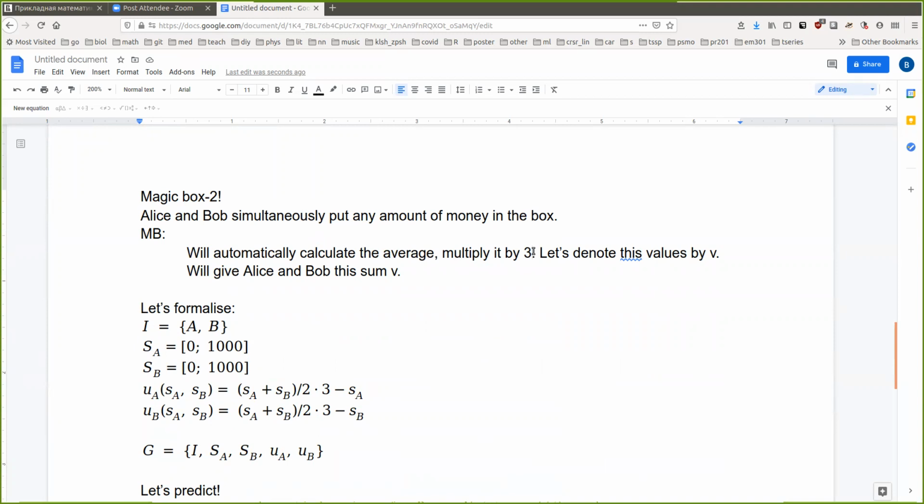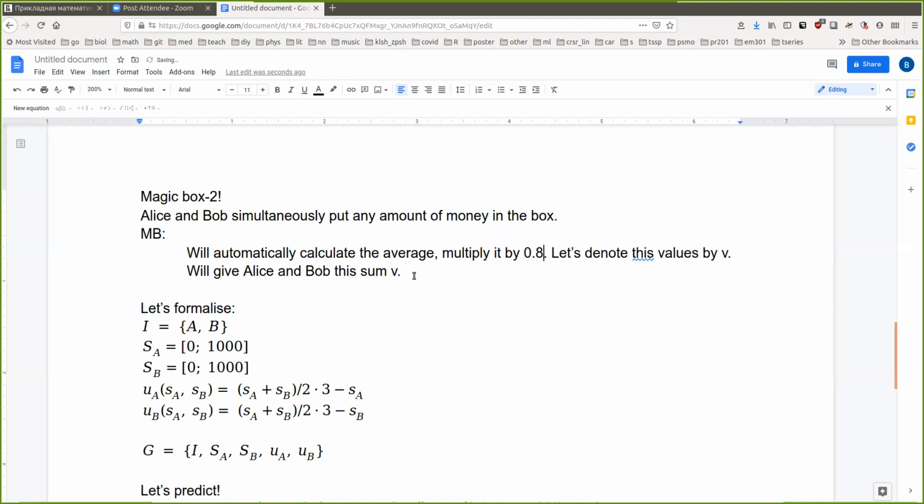So it calculates the average and it multiplies it by 0.8.